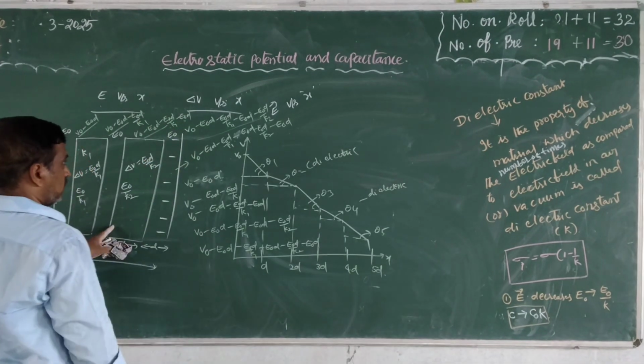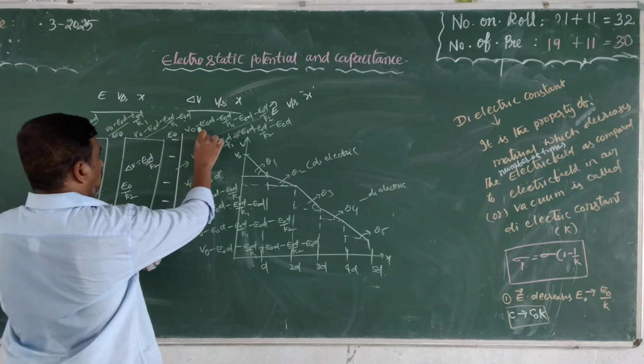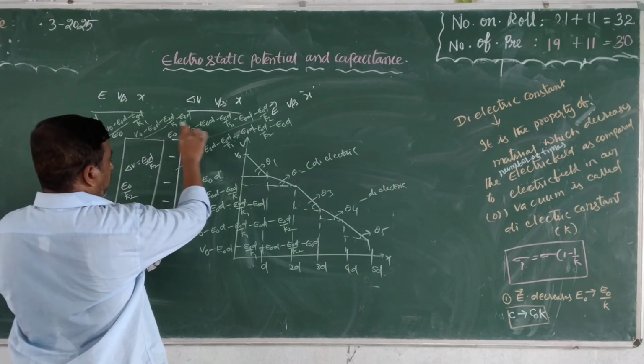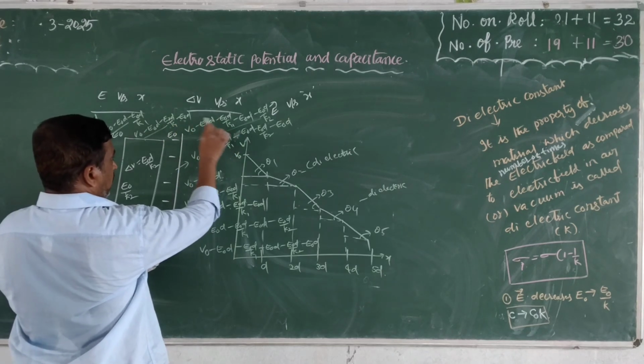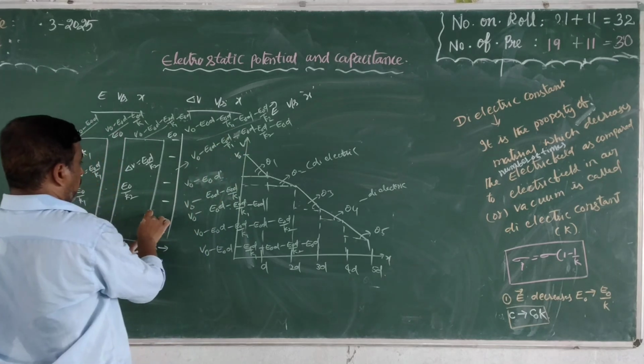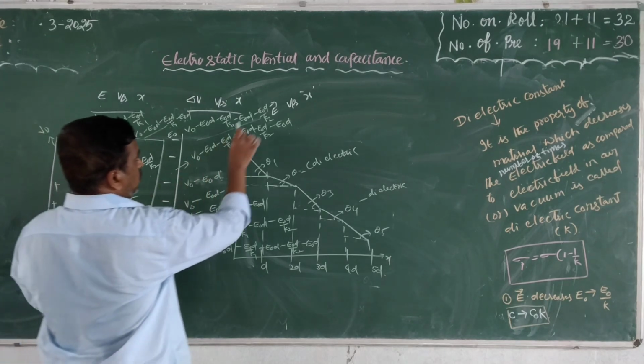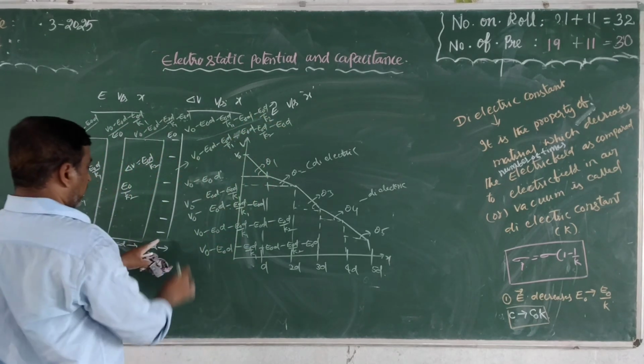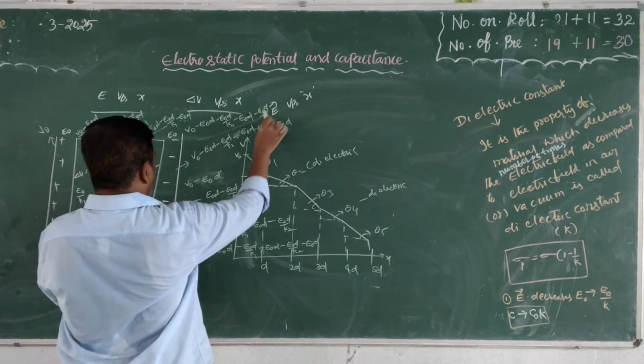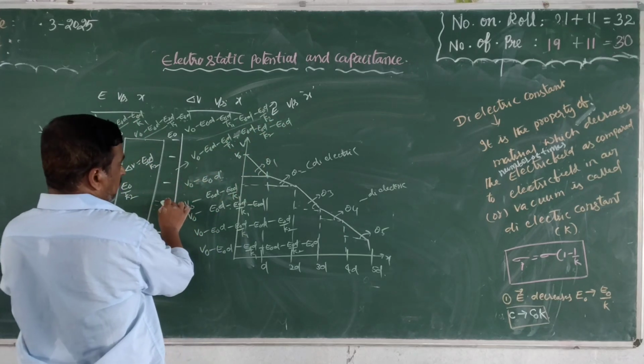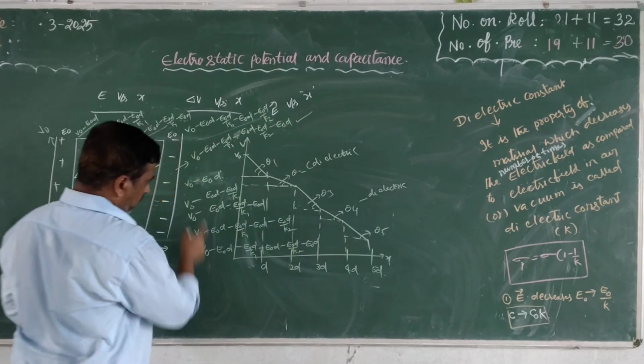Here to here the potential difference is E naught d by k2, and the total minus this potential difference is E naught d. That is what I write here.